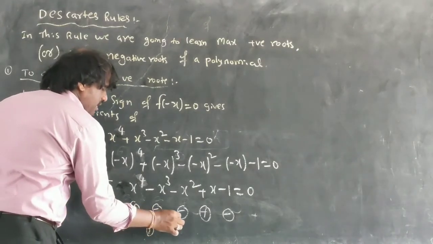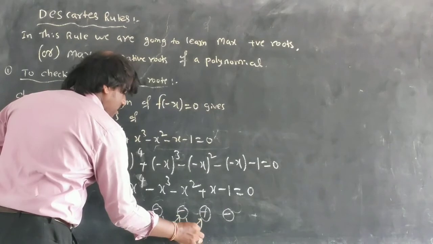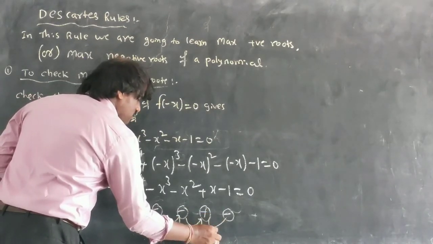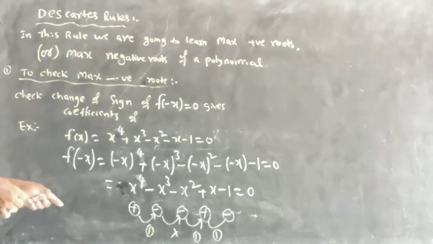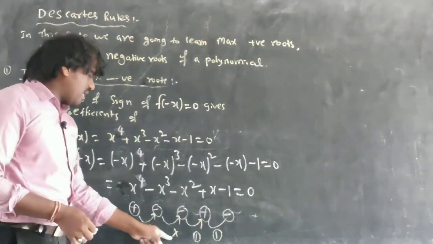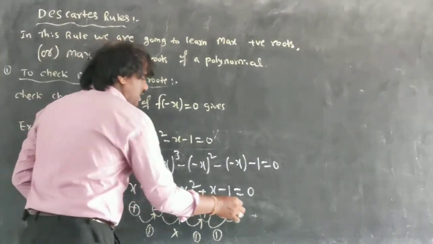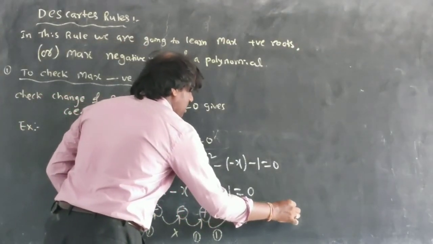Minus to minus, no. Minus to plus, 1, plus to minus, 1. So finally, how many did I get here? Plus, minus, minus, plus, minus. Finally, I got 3 maximum. So I can write that 3 maximum negative roots are available.